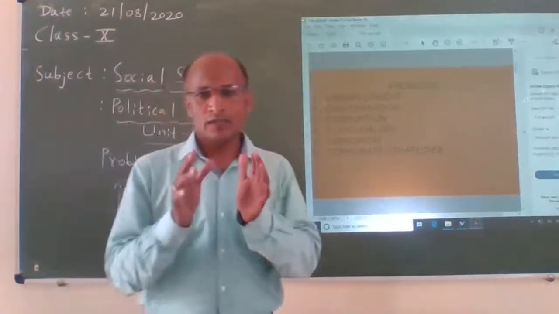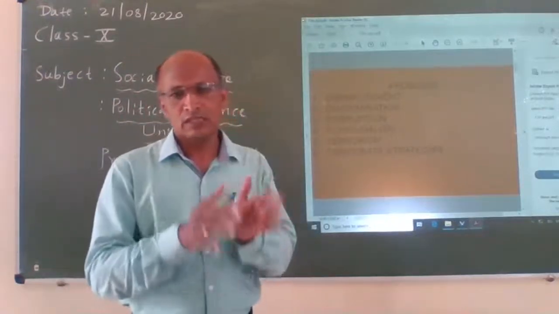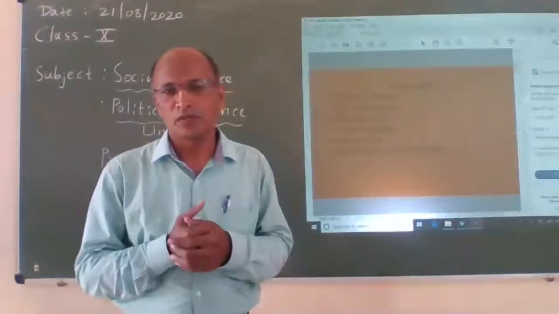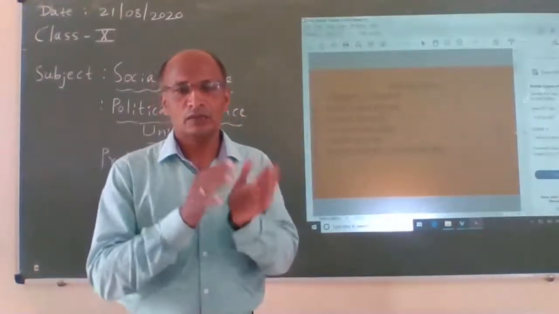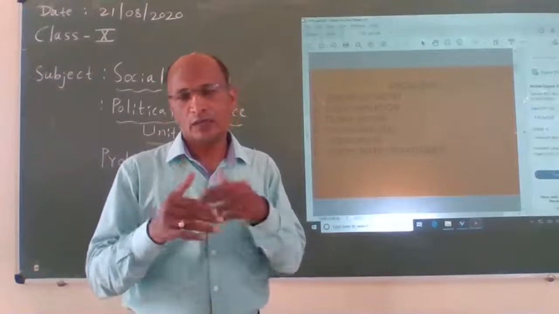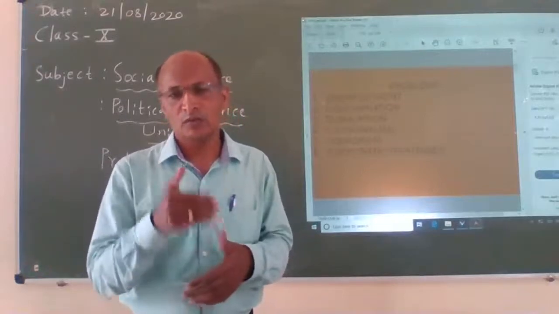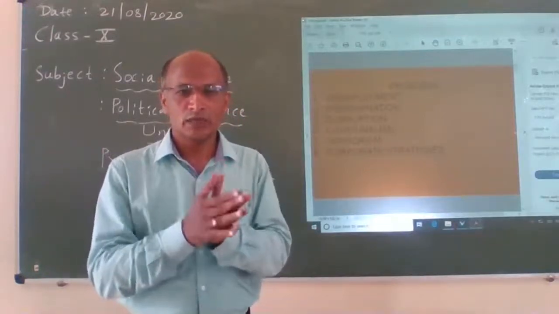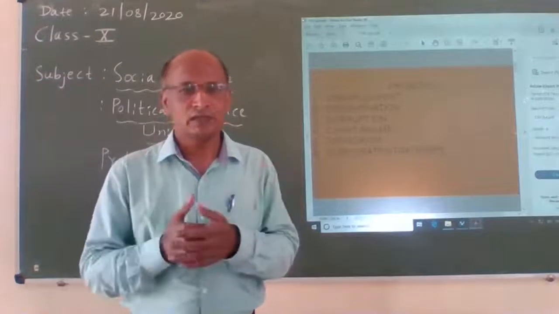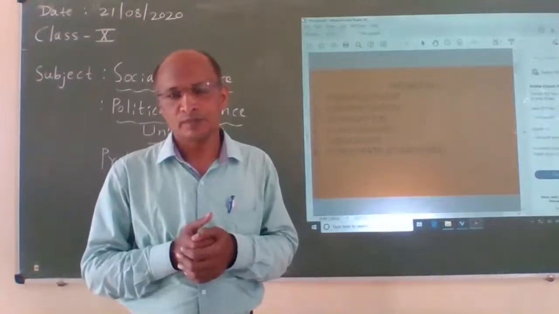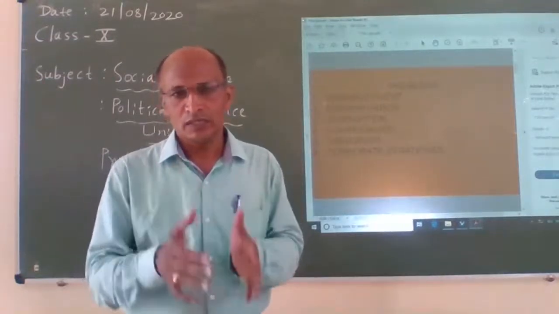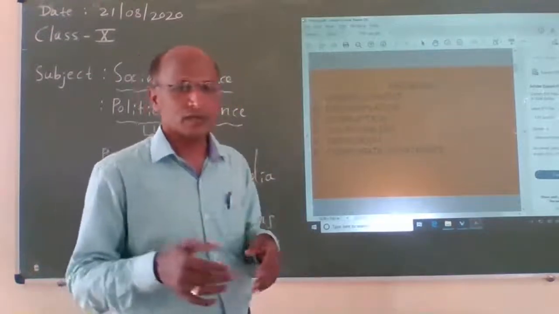We have taken a look at these 3 important problems of our country, and we have learned how to solve these problems and how to make our country free from these major problems. We have learned about these problems and solutions for them.